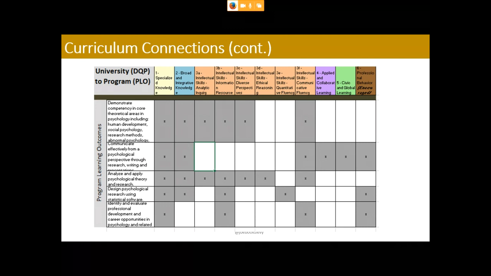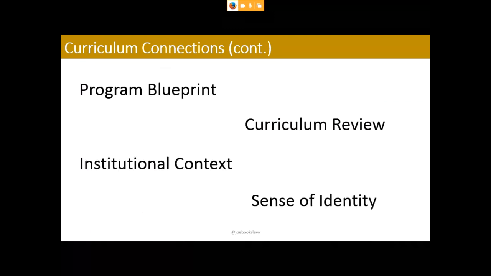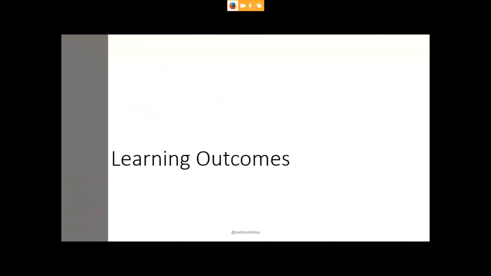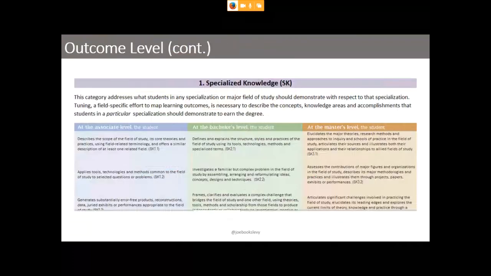I worked at one institution where we did not adopt these, but we took them and looked at the program. We wanted to use this information to gauge whether the outcomes we have at the master's level are appropriately differentiated from the bachelor's level.